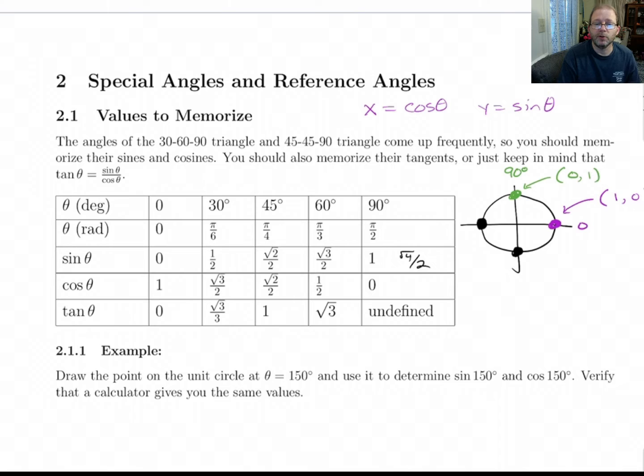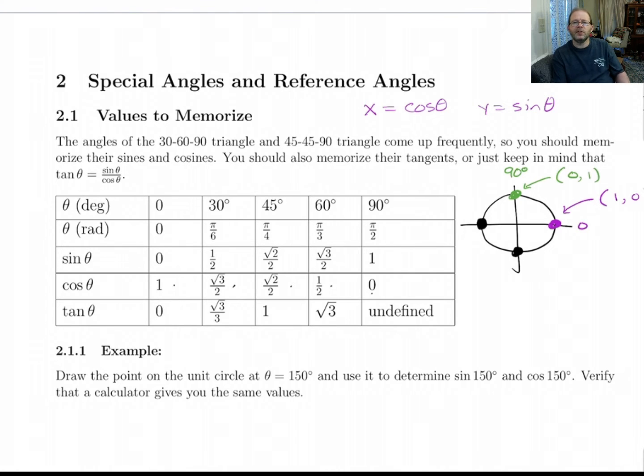Of course, that one reduces down to 2 over 2, which is 1. And the square root of 1 over 2 is also just 1 over 2. So you can memorize it like that, 1, 2, 3, 4. So that's the sines. The cosines are the exact same numbers, but in reverse order: 1, root 3 over 2, root 2 over 2, half, and 0.